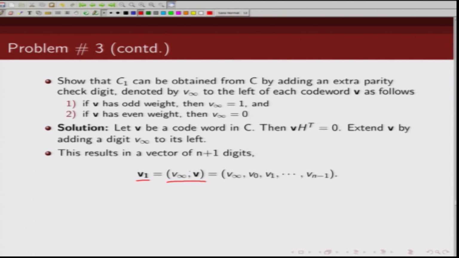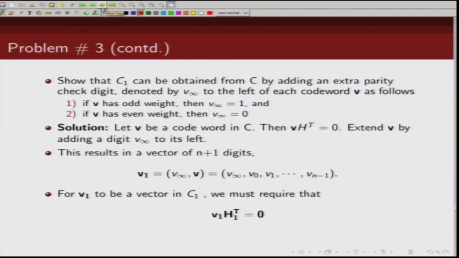This is your original code word V, which is V 0 to V n minus 1, and then this is the additional parity bit that you added to the left. Now, if V 1 is a valid code word, then it should satisfy the property that V 1 H 1 transpose should be 0. And what is our H 1?